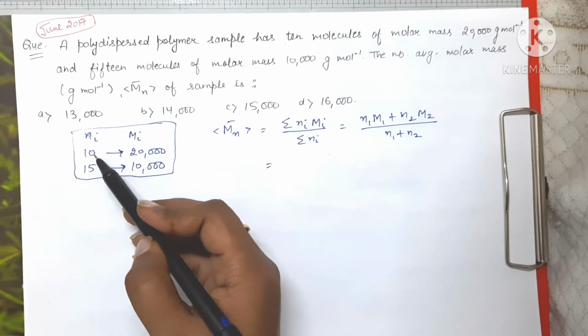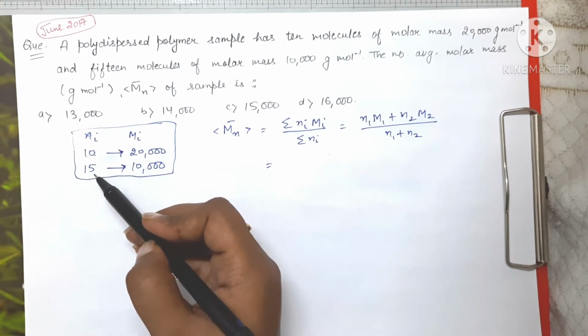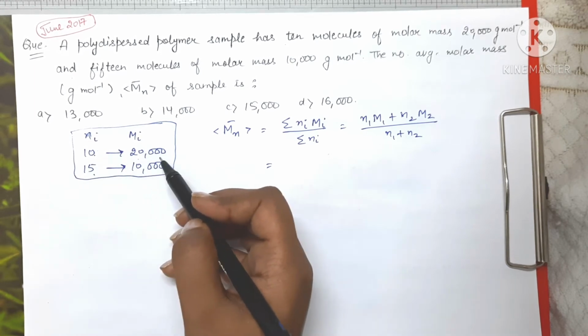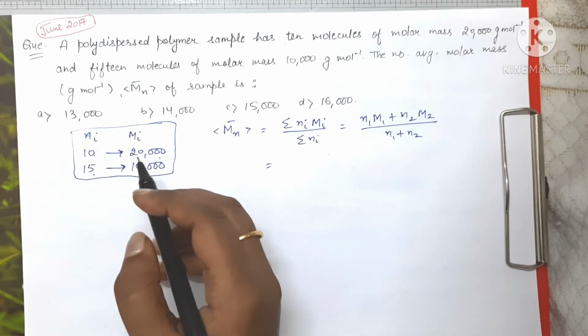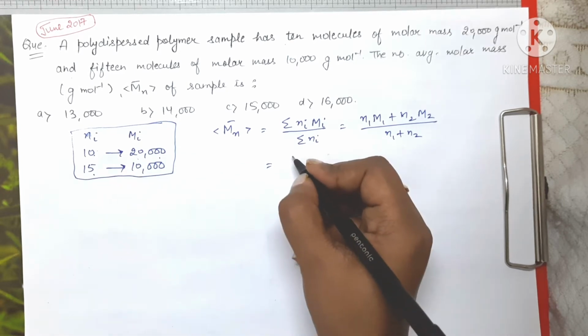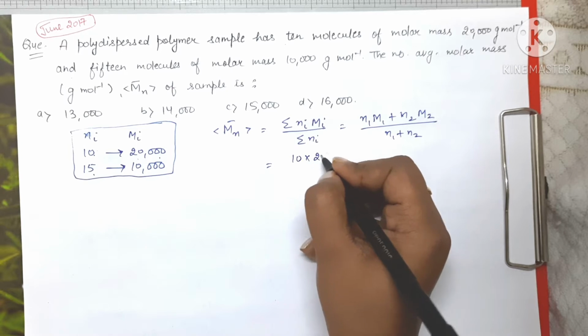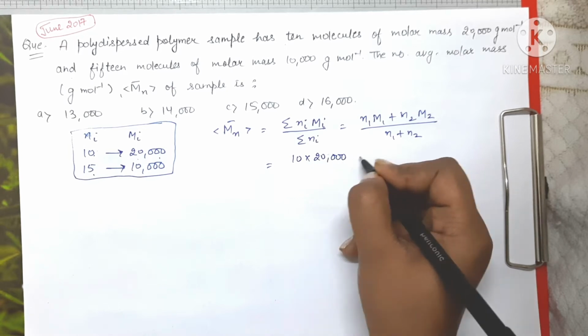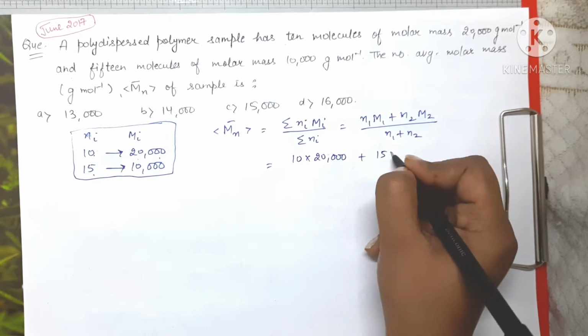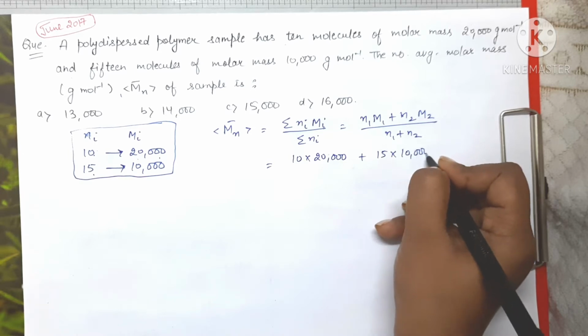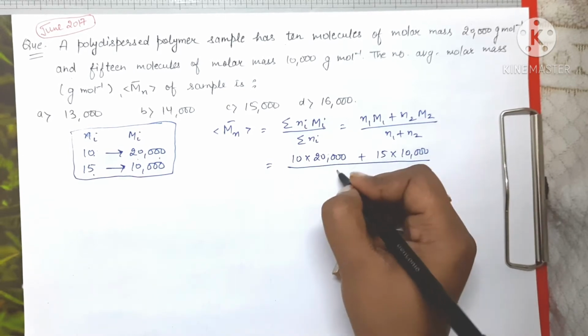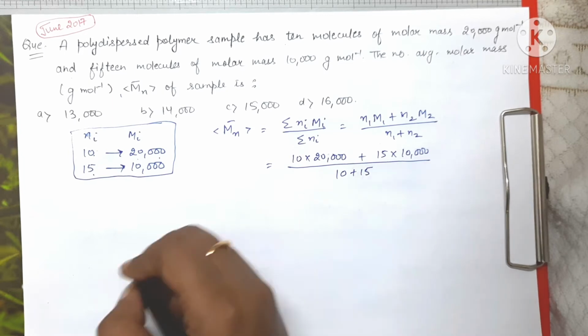Value of N1 is 10, N2 is 15, M1 is 20,000 and M2 is 10,000. So simply putting the values, N1 is 10 multiplied by 20,000 plus 15 multiplied by 10,000, whole divided by 10 plus 15.